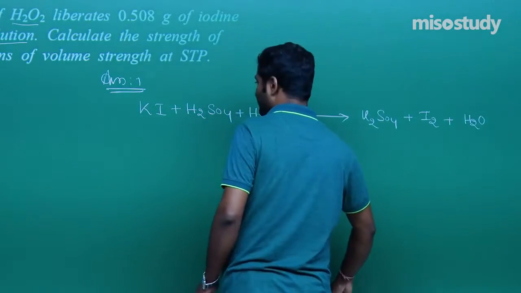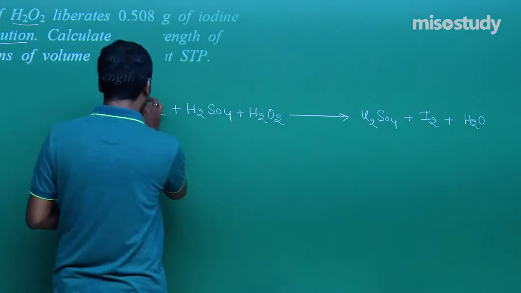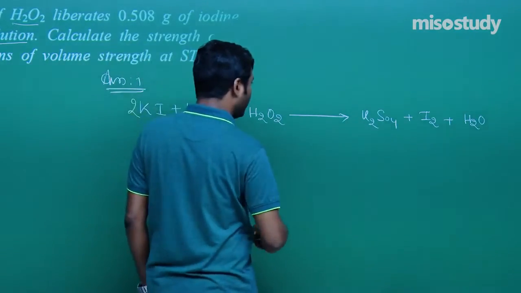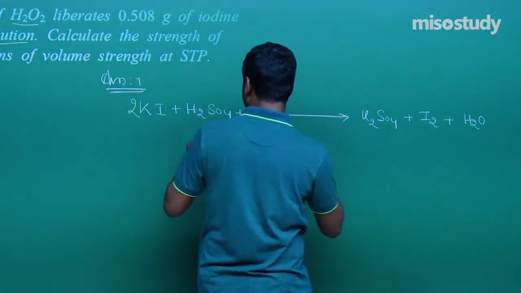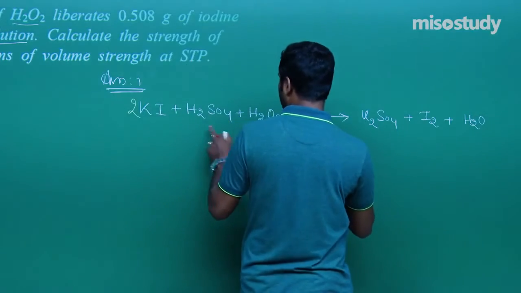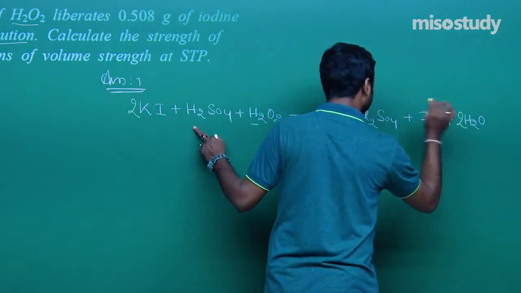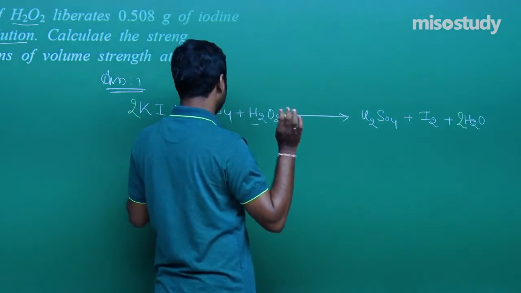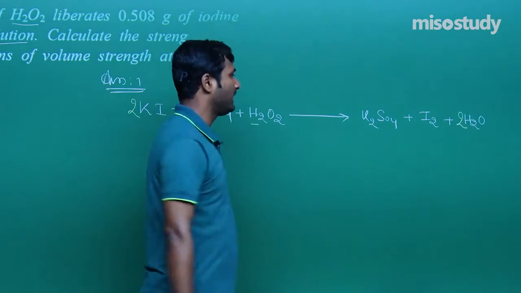This is the reaction. Now balance here, put 2 KI, K2SO4, then hydrogen is H2 and O2, 2 to 4, put here 2. Now we have a completely balanced reaction.